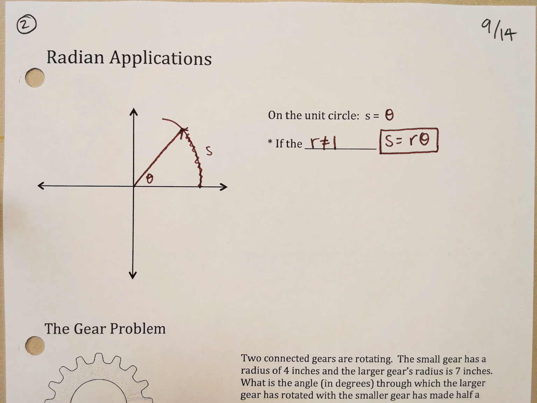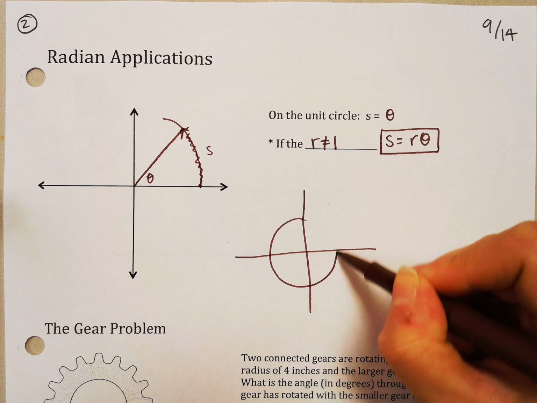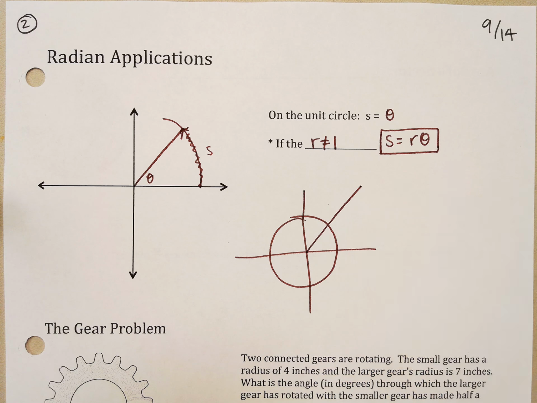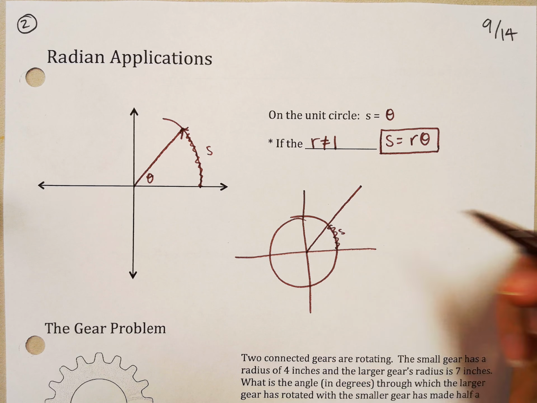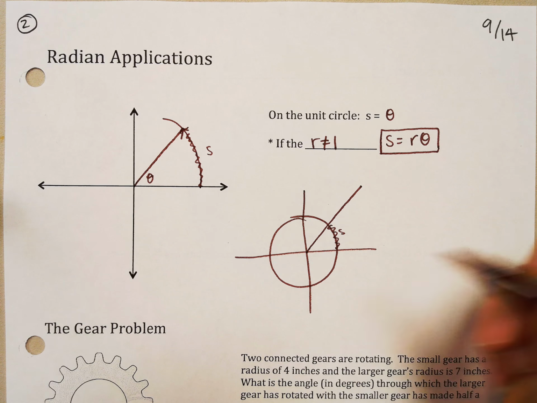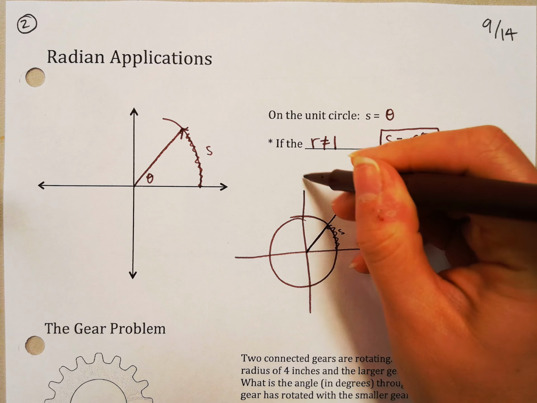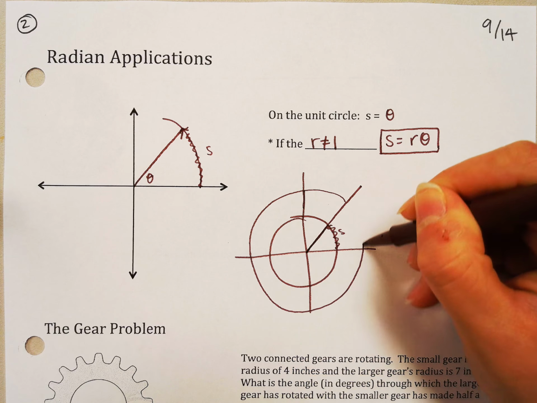So if I have my unit circle, here we go, and I have some angle measurement, that's a terminal side. This is my intercepted arc length for S. But if my radius is not just 1, maybe it's 2, then I can also have a circle that looks like this.